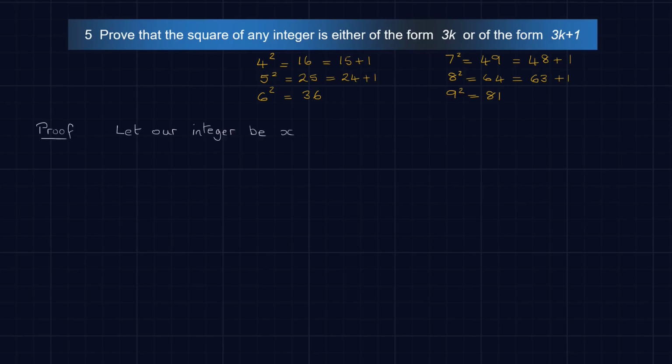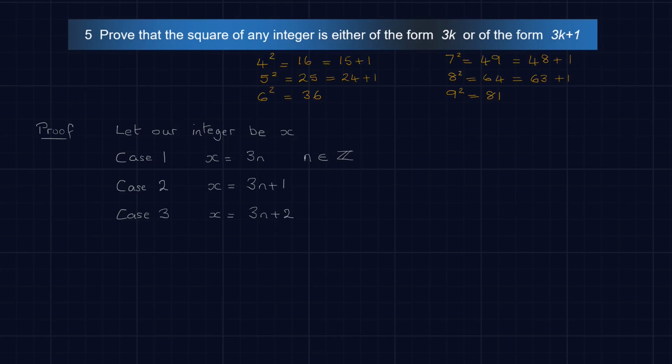If we call our integer x, then we could say that all possible values of x divide into one of three groups. Case 1 is where x is a multiple of 3. Case 2, where there's a remainder of 1 when we divide by 3. And case 3, where there's a remainder of 2 when we divide by 3.